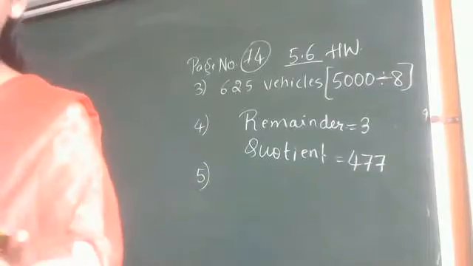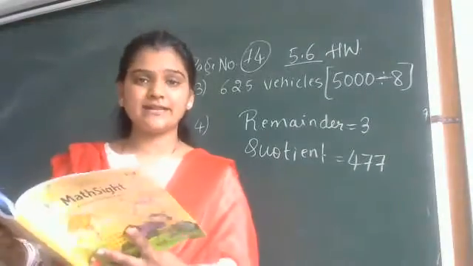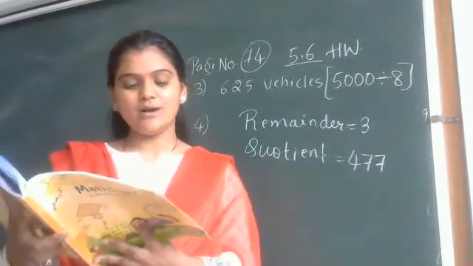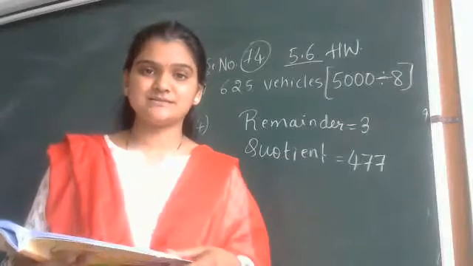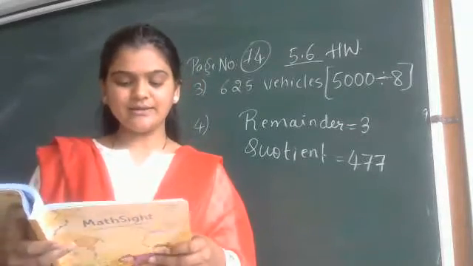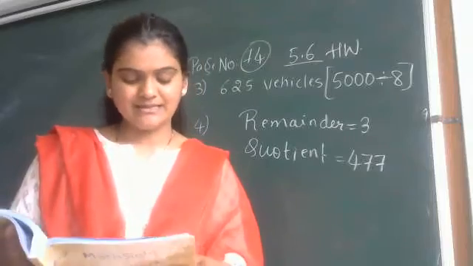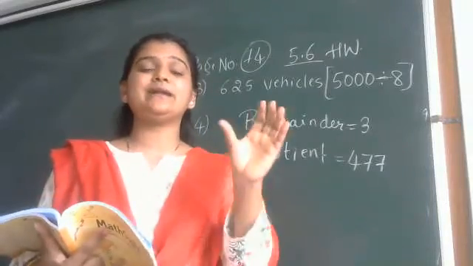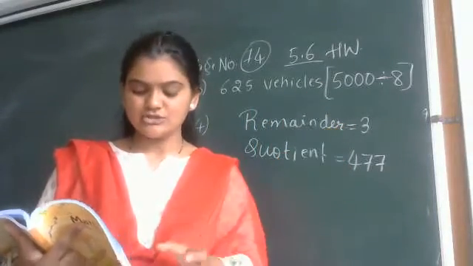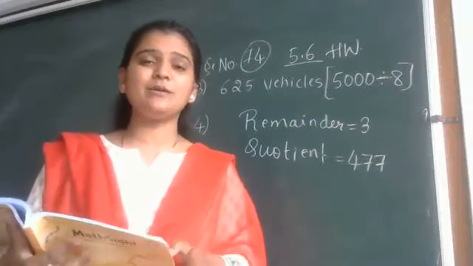Yes, on the Independence Day, 6,289 people were divided in 20 groups. Okay, so total number is how many? 6,289 people. They were divided in totally 20 groups. Okay, so there were equal number of people in each group.